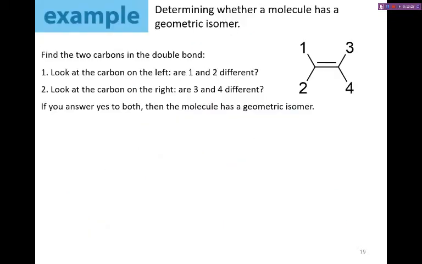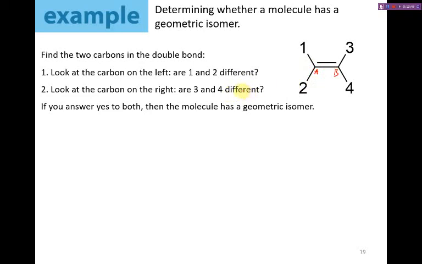So let me give you an example here. If we want to determine whether a molecule has a geometric isomer, what we're going to do is find the 2 carbons that are within the double bond. Let's call those carbon A and carbon B.